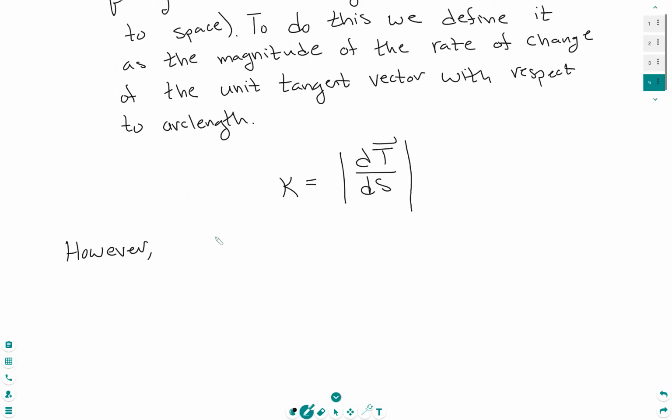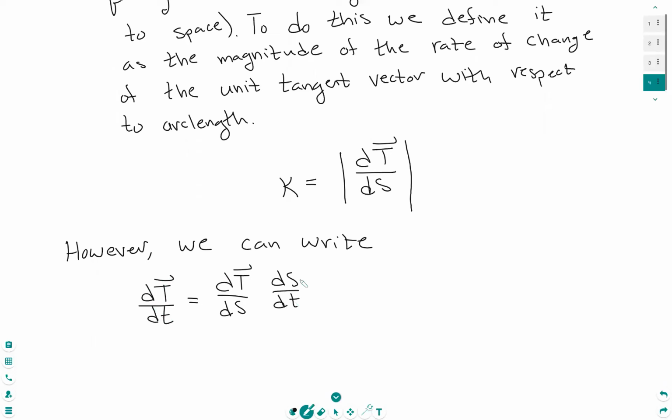However, we can write dT/dt, this is a little confusing, how the unit tangent changes with the parameter t, so taken with respect to the parameter t, but this is the unit tangent, capital T. This is dT/ds times ds/dt.